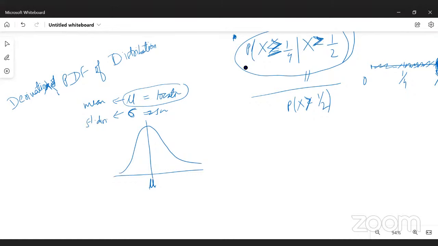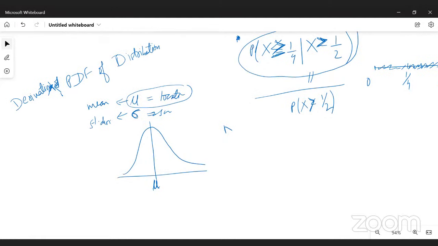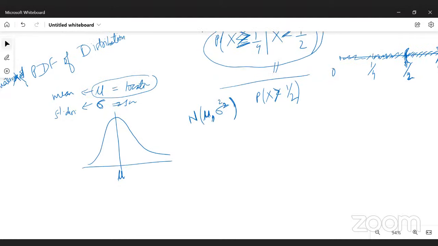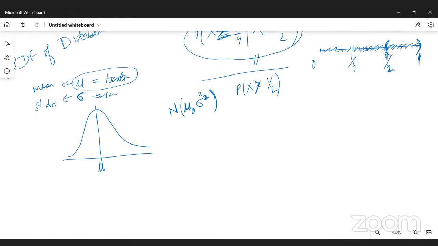How do I say this? You have a normal distribution with mean mu and variance sigma square. Scaling part, I'm not very sure how to explain this.